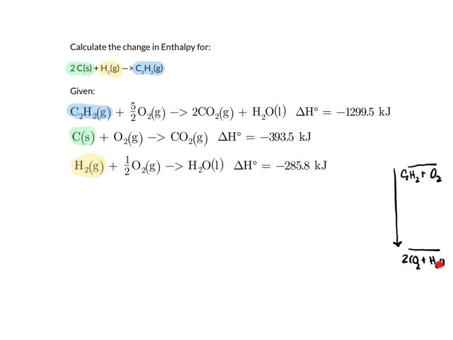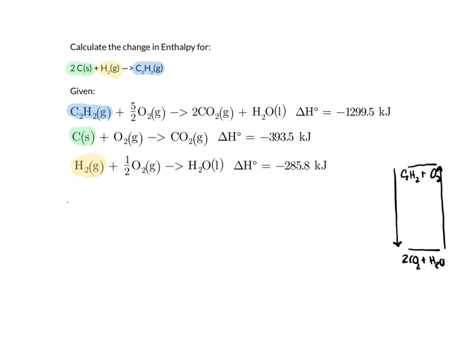That amount of energy is minus, so I'm going downhill in energy, minus 1299.5. If I go the other way, if I start here and go up here, the change is exactly the same, but now I'm going uphill in energy, so the sign has changed. So if I flip this reaction around, then the sign of my delta H will change.